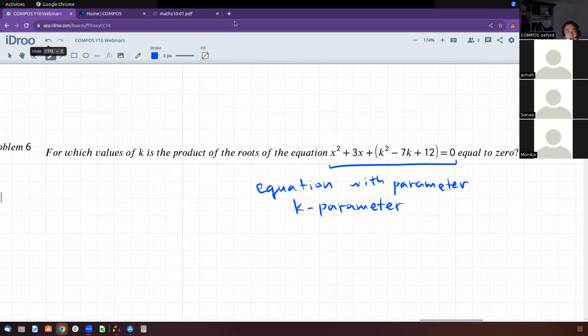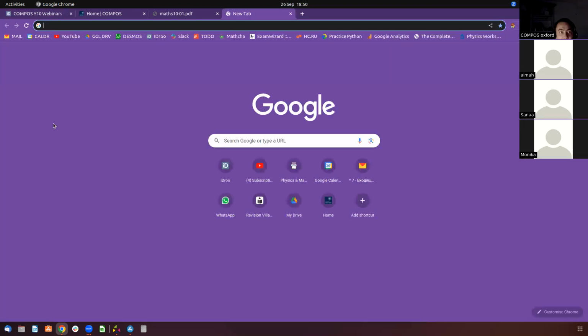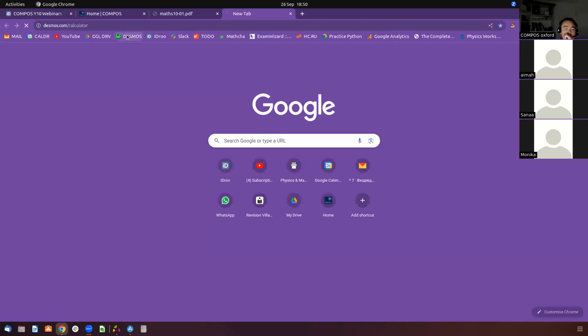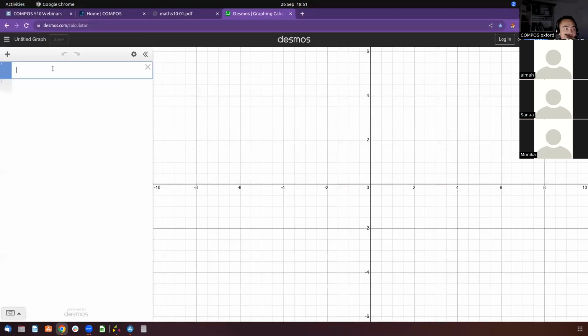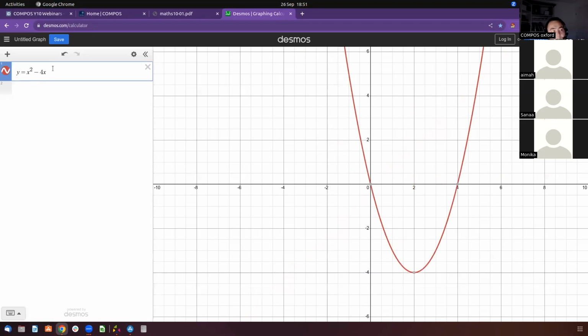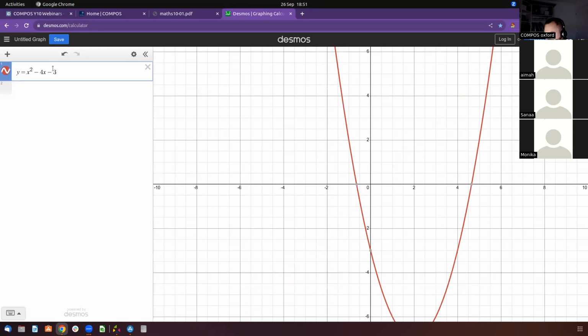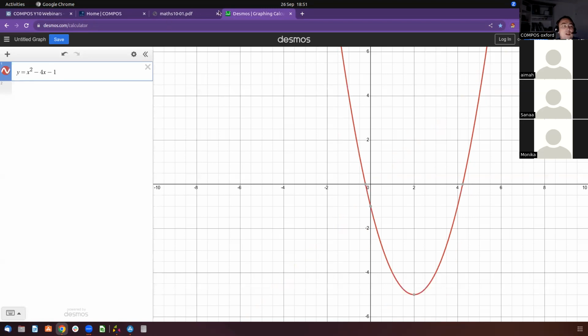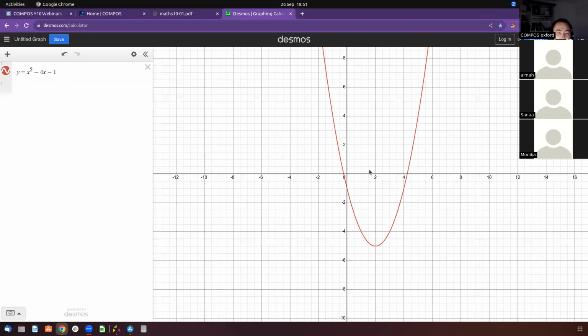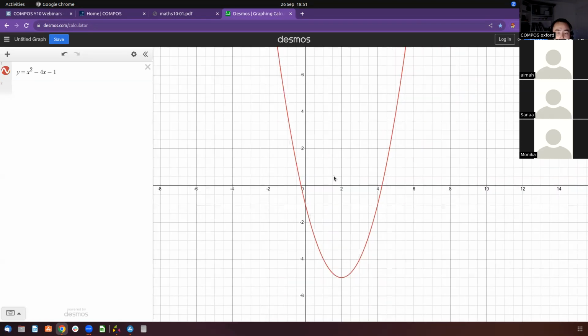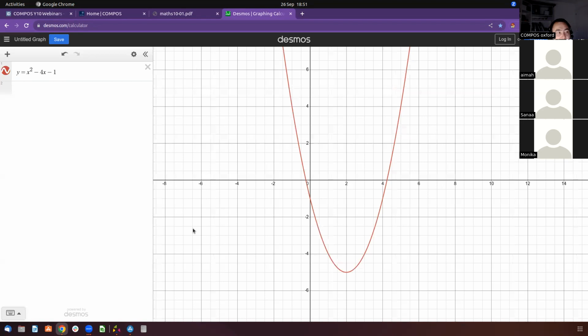So how does that work? Well, let's do a Desmos graph. Let's say y is equal to x squared minus 4x minus 3 minus 1. Okay, so you have a parabola which looks like this.